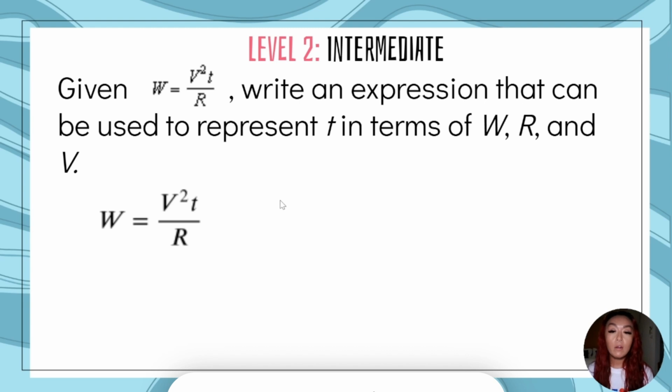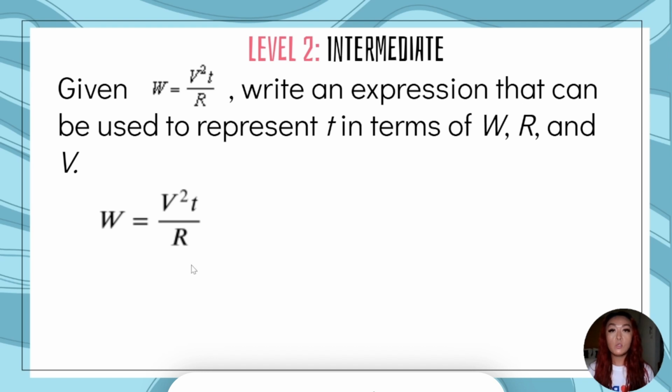So I'm going to rewrite our equation. Remember, the goal is to isolate T, so we have to undo everything that's being done to T. So first thing we want to do is get rid of this R in the denominator.